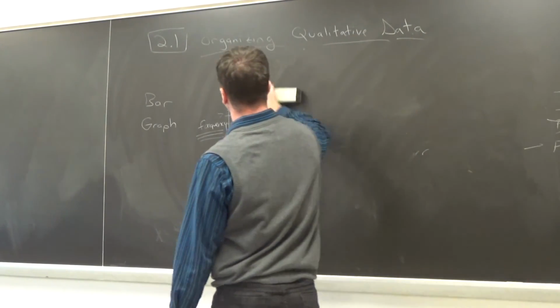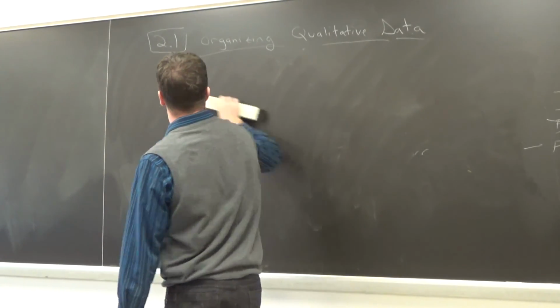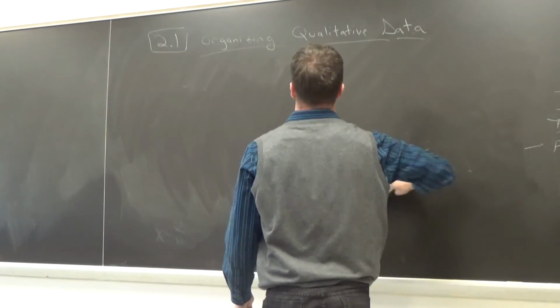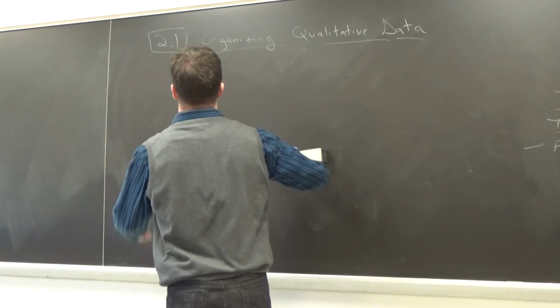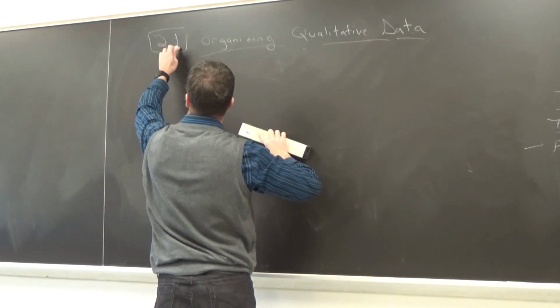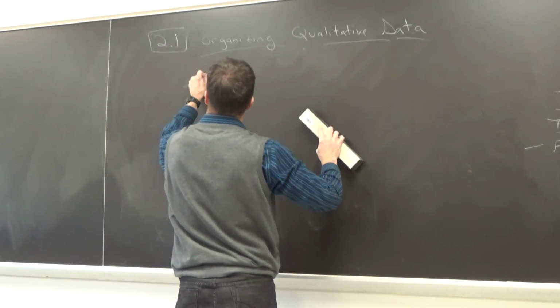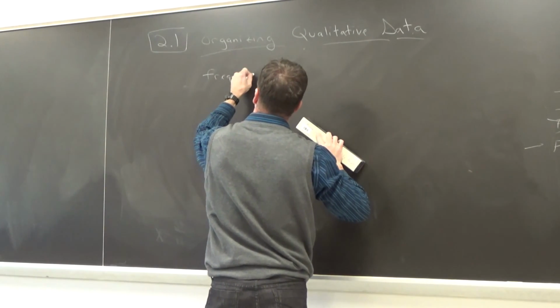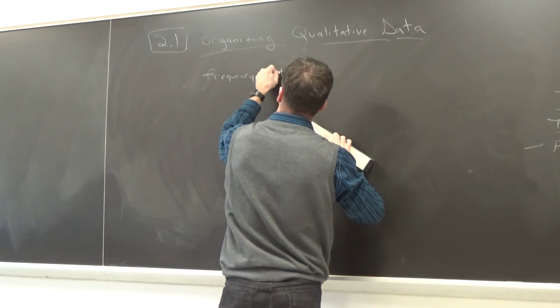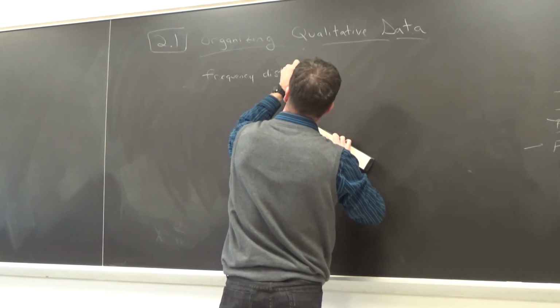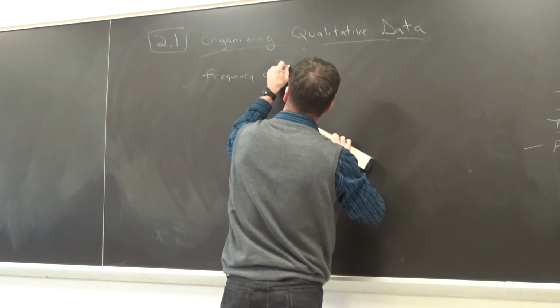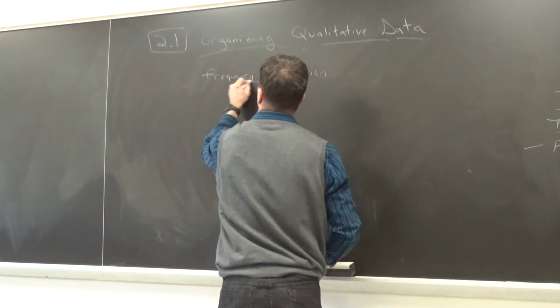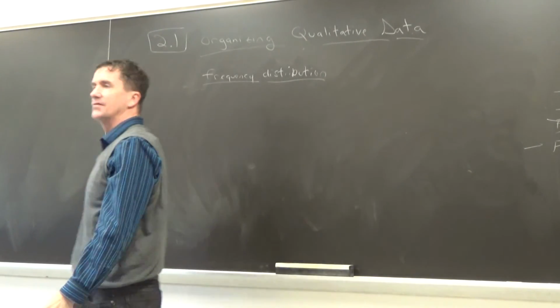What we're now going to do, before we do 2.2, is I'm going to provide a frequency distribution for you. You've seen those before, a frequency distribution. I'll take one from the book.